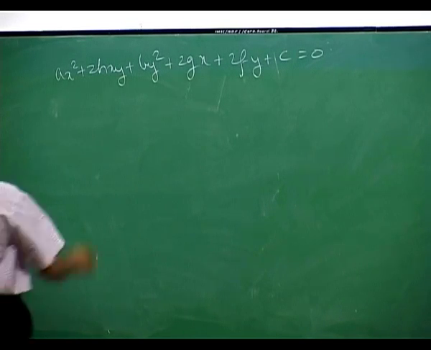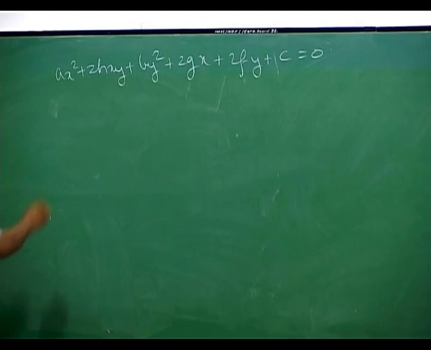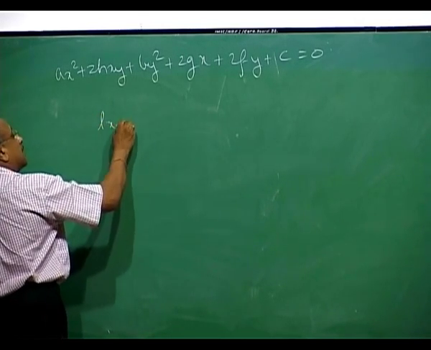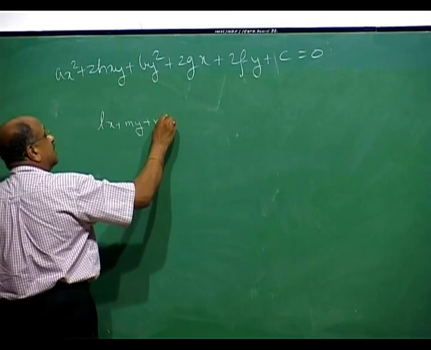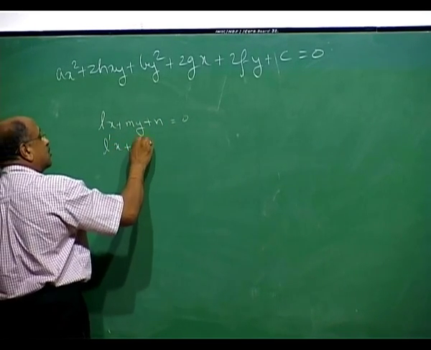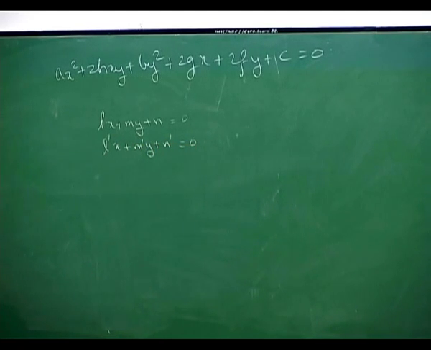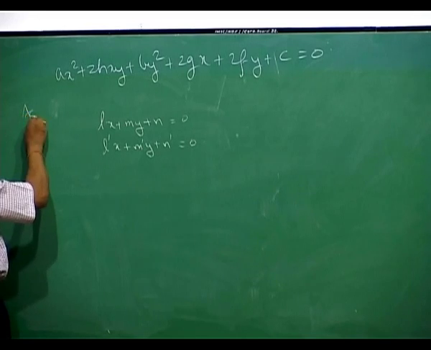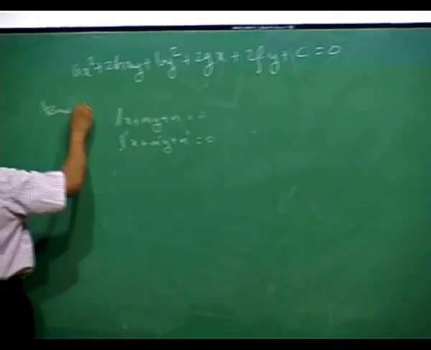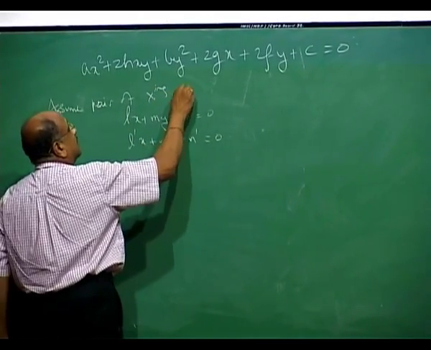So suppose this represents a pair of straight lines, say Lx plus my plus n equal to 0, L dash x plus m dash y plus n dash equal to 0. So assume a pair of straight lines, pair of intersecting straight lines.